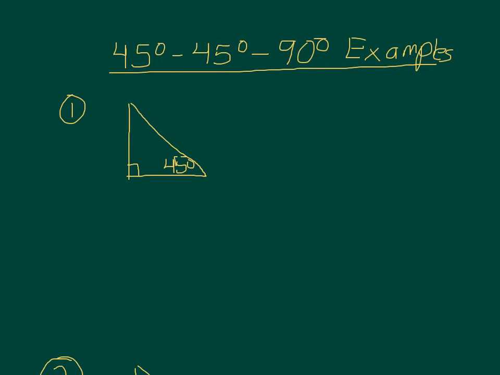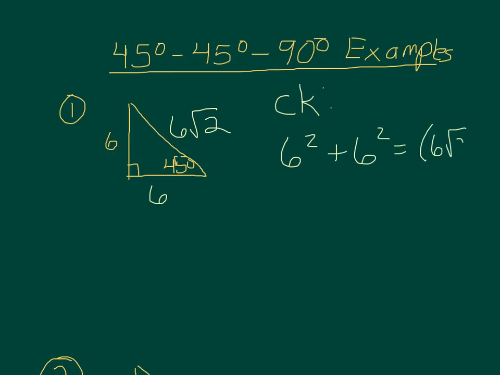Okay, I forgot to put my side lengths here, so let's call it 6. Okay, so if that side's 6, that means that this must be 6, and this is 6 times the square root of 2. It is that simple. Let's prove it. Check. 6 squared plus 6 squared equals 6 square root of 2 quantity squared.